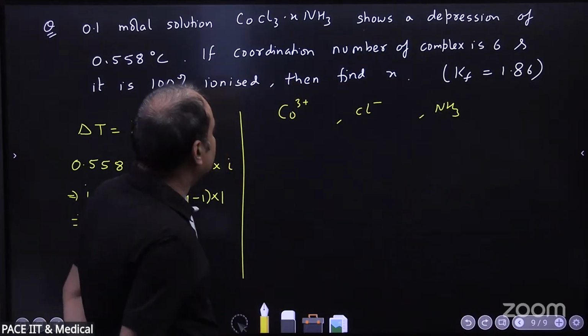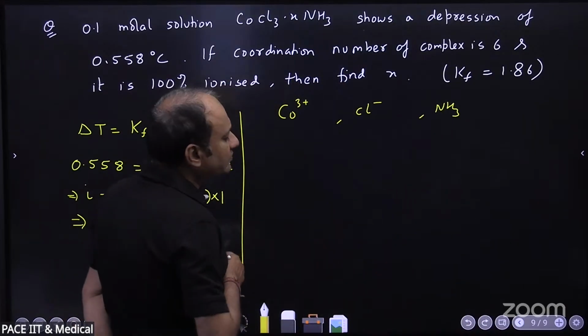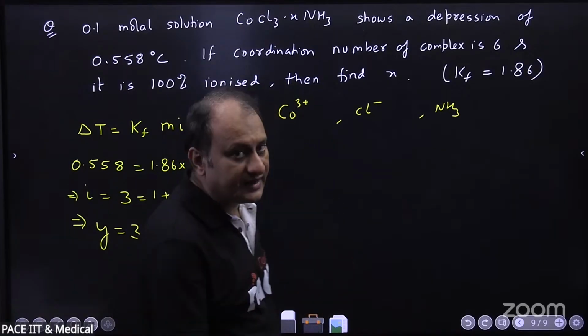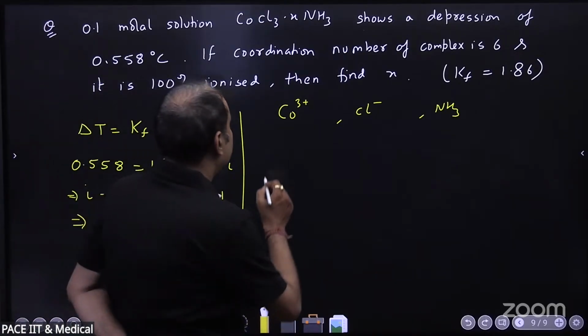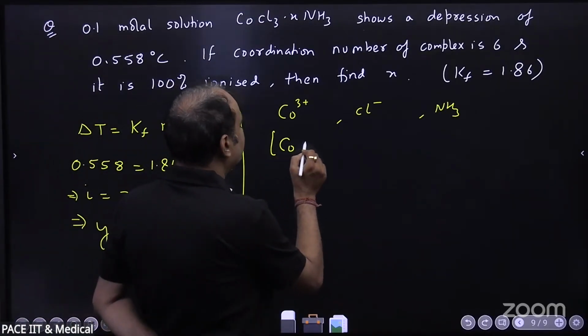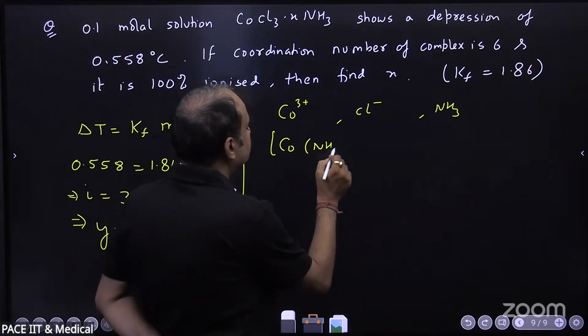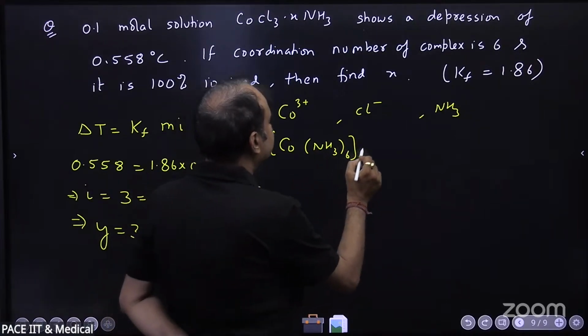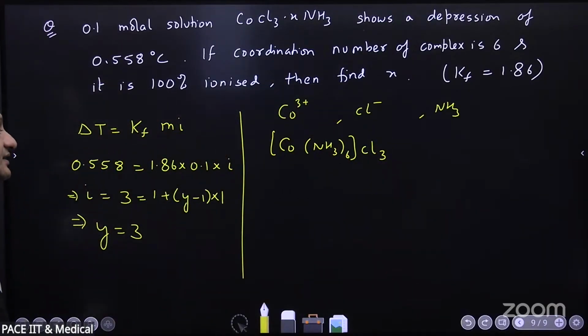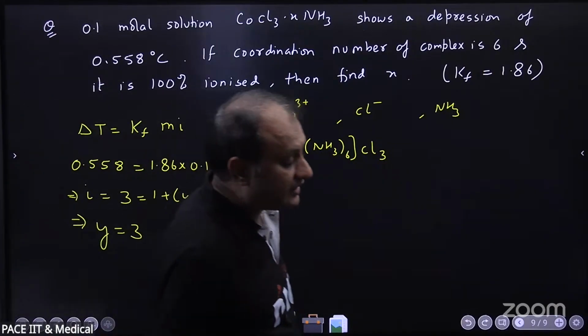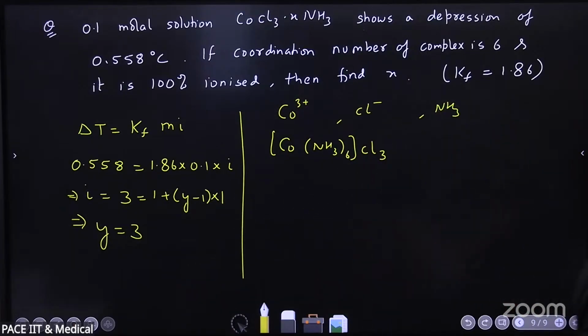So what can be the possible formulae of this compound? Suppose I assume that all 3 chlorines are making ionic bond. Then all the coordinate bonds have to be made by ammonia. So then the formula of this compound will be Co(NH3)6 Cl3. I will need 6 ammonia to make 6 coordinate bonds, because I have assumed that all 3 chlorines are making ionic bonds.